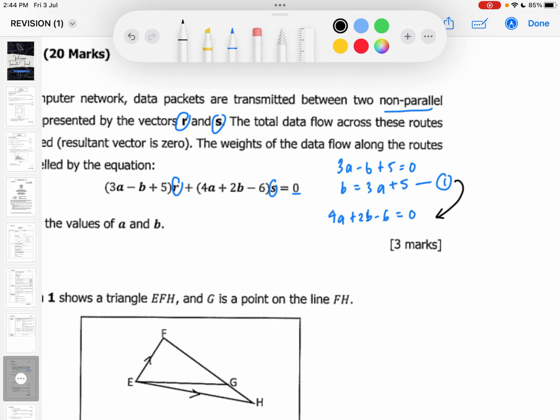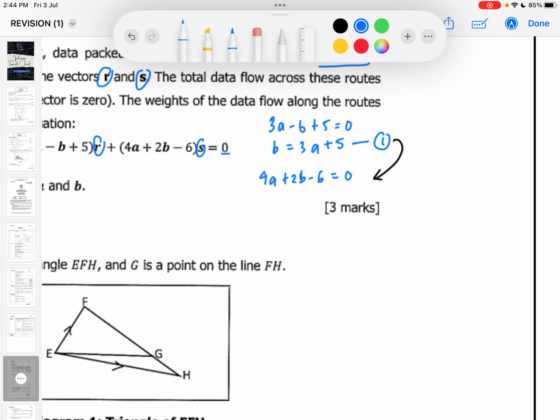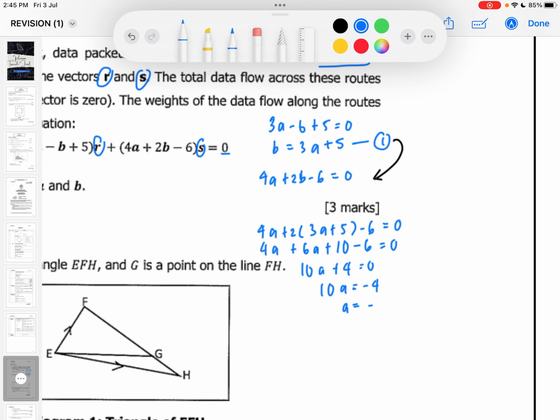Substituting b gives 4a + 2(3a + 5) - 6 = 0, so 4a + 6a + 10 - 6 = 0, which is 10a + 4 = 0. So 10a = -4, and a = -4/10 = -2/5.